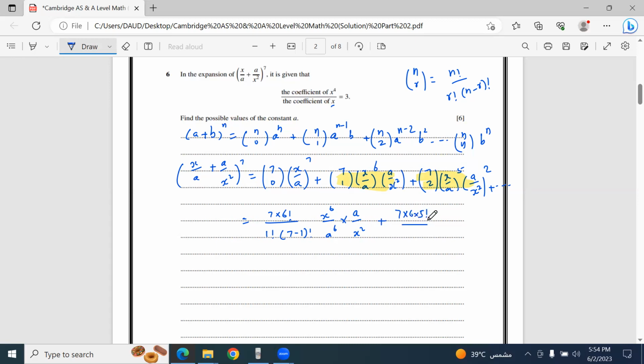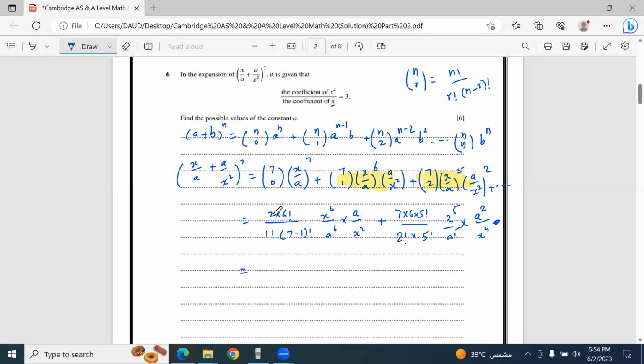I stop at 5 because I can cancel with the next step, where I have 2 factorial times (7 minus 2) factorial, which is 5 factorial, times x^5 over a^5 multiplied by a^2 over x^4.